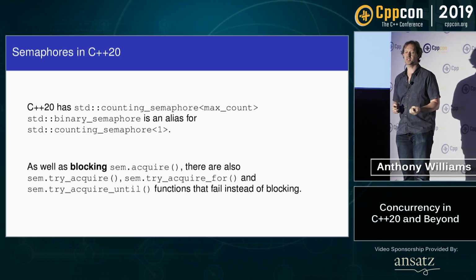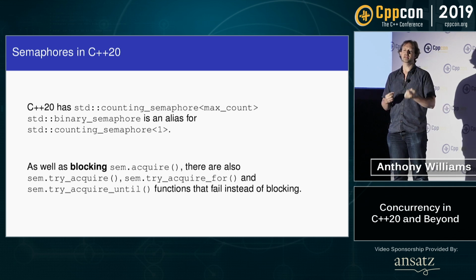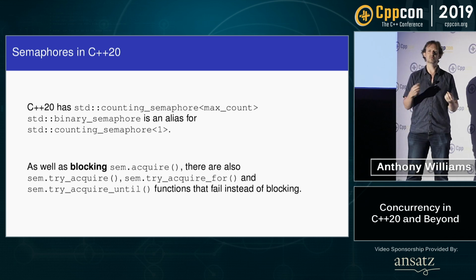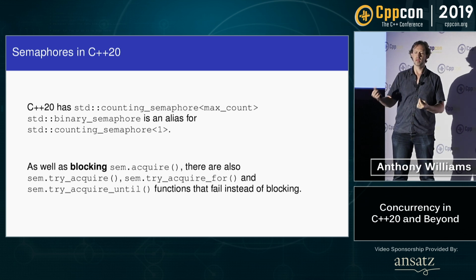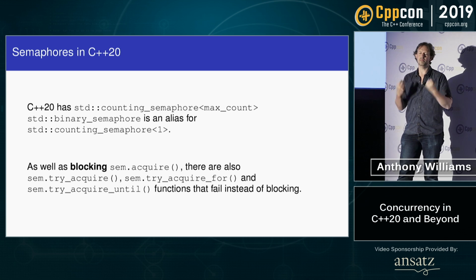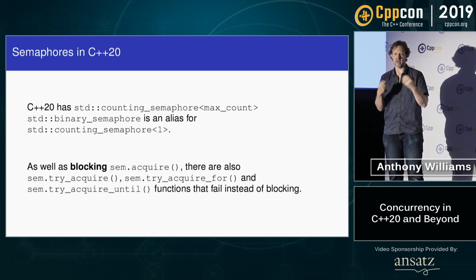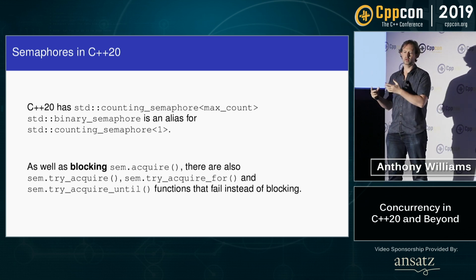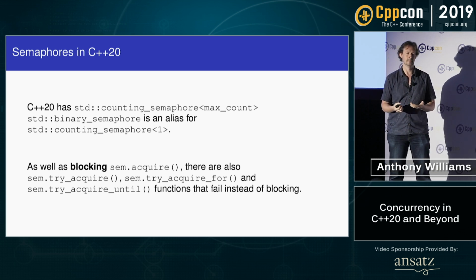So in C++20, the basic template is a counting semaphore, and you specify the maximum count as the template parameter. And then there is this template alias for binary semaphore, which is an alias for counting semaphore with 1 as the maximum count.